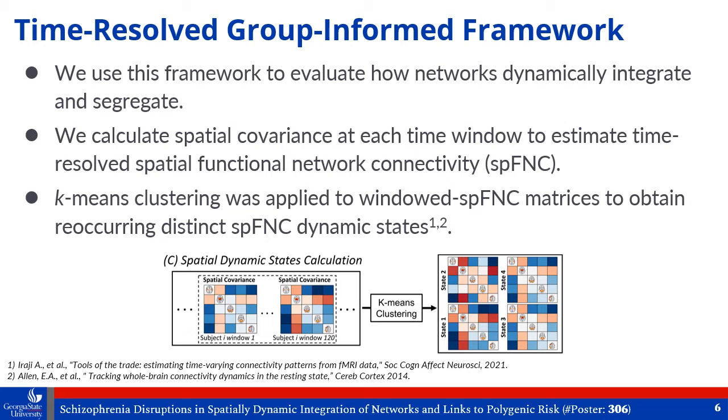We calculate the spatial covariance at each time window to estimate the time-resolved spatial functional network connectivity, which is an estimate of network spatial coupling. Next, we apply k-means clustering on these windowed spatial functional network connectivity matrices to obtain the recurring spatial dynamic states.